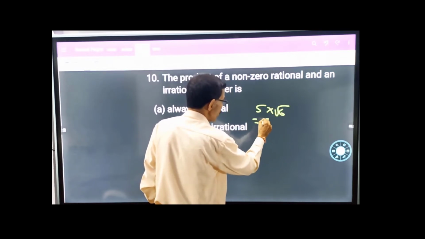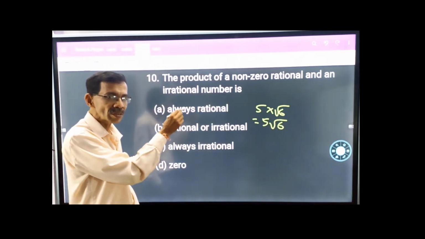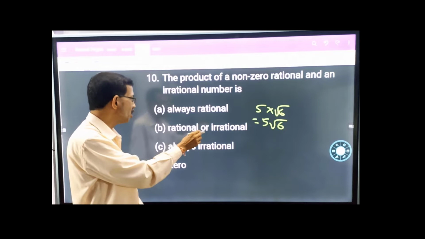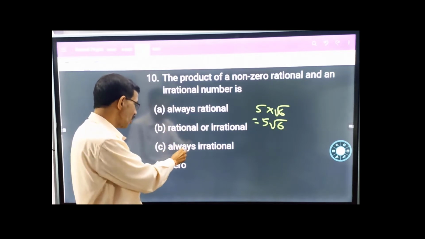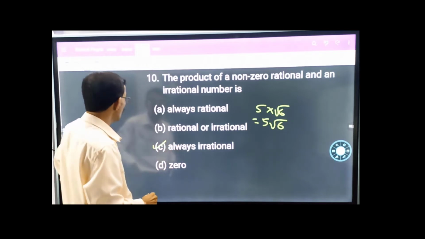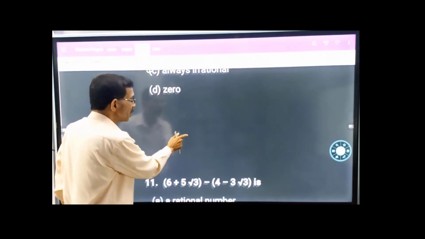So this will be 5 root 6. And in this there is a root, and therefore it is an irrational number, always an irrational number. So correct option is option C. Let's go to the next question.